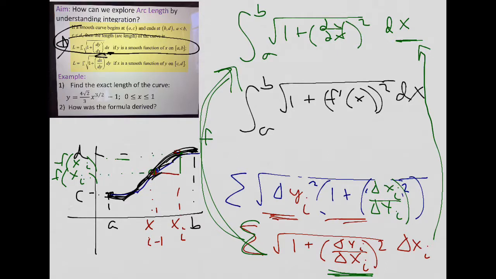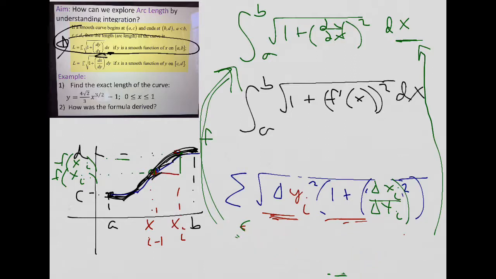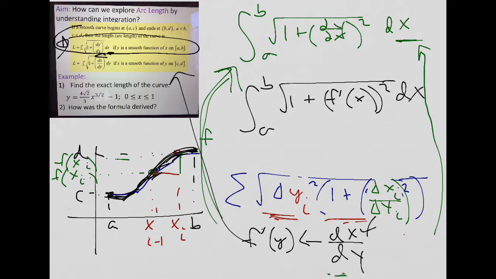So if you look at that, that's the same as dx over dy. That would be the same thing, not as f prime of x, but this is going to be f prime of y. So that's how you can redo this whole thing for deriving it with respect to y.